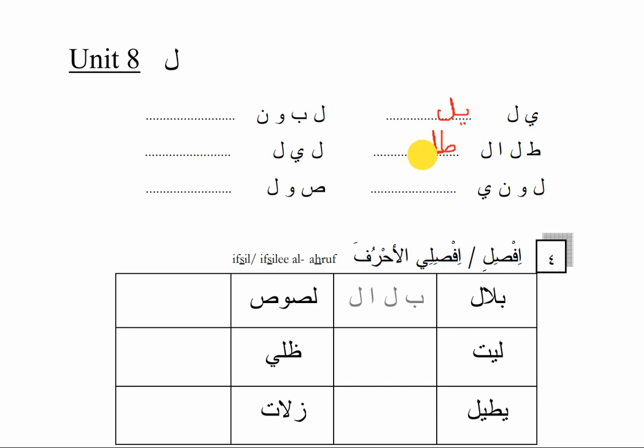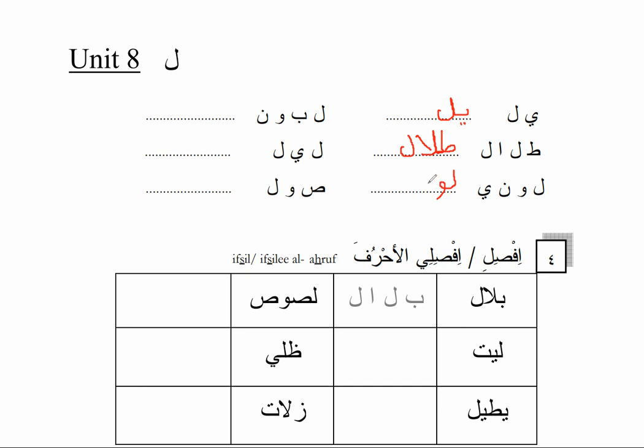Lam is in the middle, so there will be no curved portion. And alif, where are you going to put alif here? You are going to put alif in between lam. And then lam separately. Lam, waw.